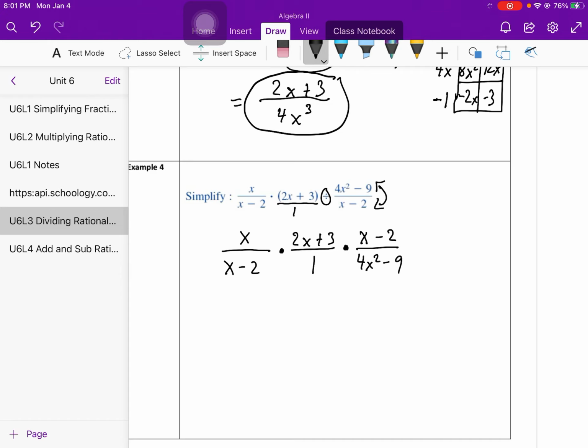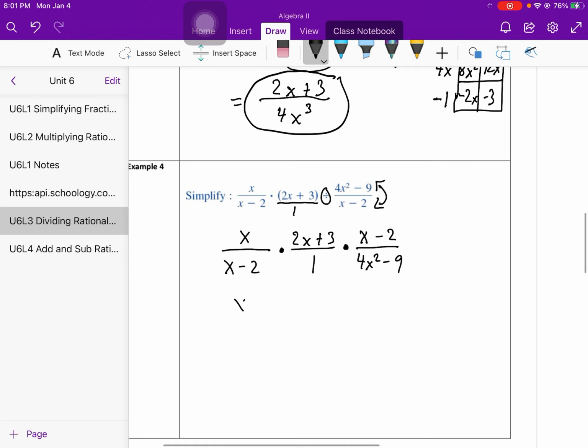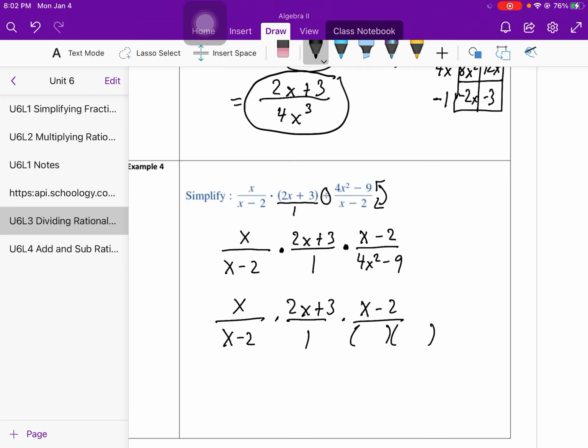After I have it written the way that I want, I'm going to factor as much as possible. So the first one, we're good to go. Nothing factors there. Second one, again, 2x plus 3. We can't take anything out of those. X minus 2. The only thing that we can actually take out from the 4x squared minus 9, that factors into two sets of parentheses. 2x plus 3 and 2x minus 3.